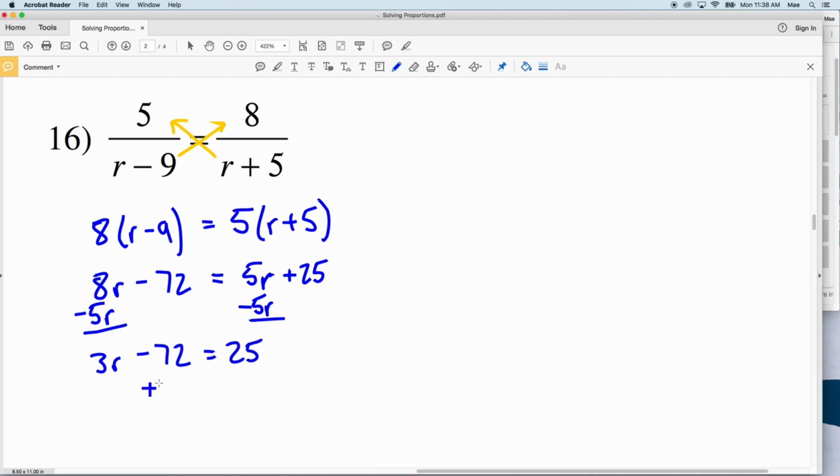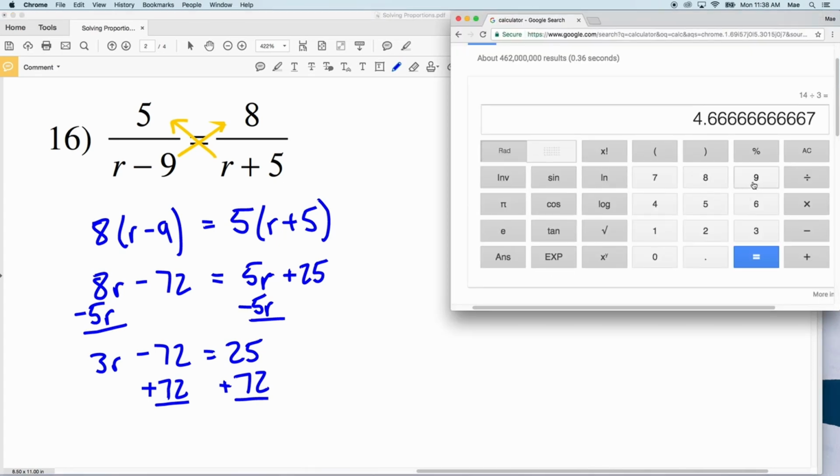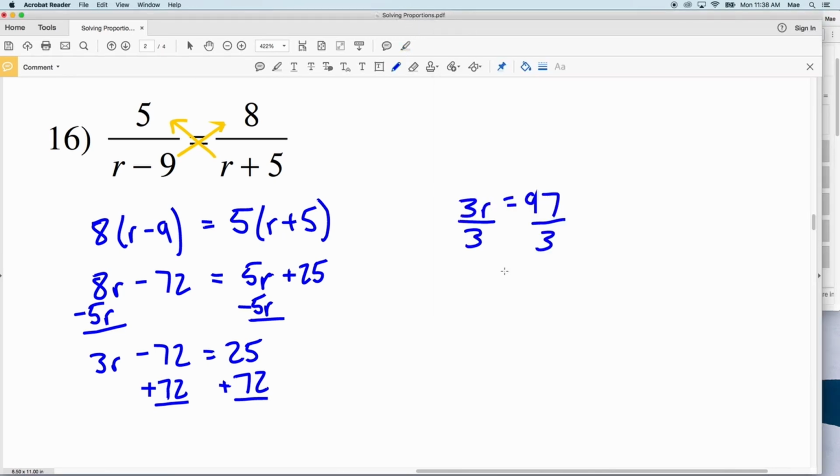And then I'm going to add 72 to both sides to get that 3r is equal to 97. When I divide both sides by 3, 97 divided by 3 equals 32 and 3/10 repeating. So r is equal to 32.333.